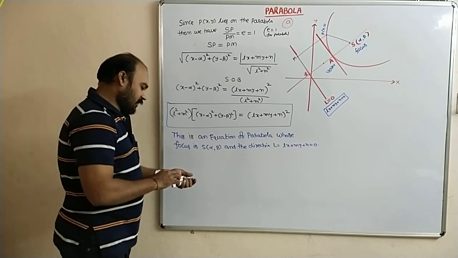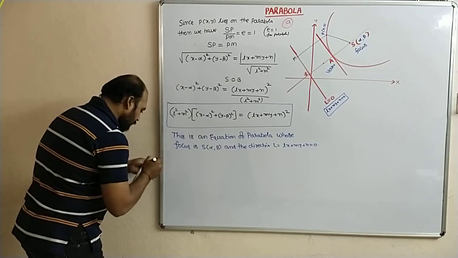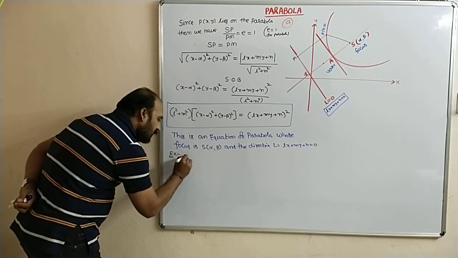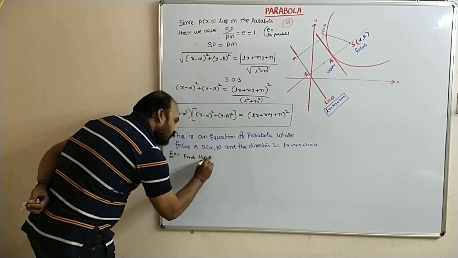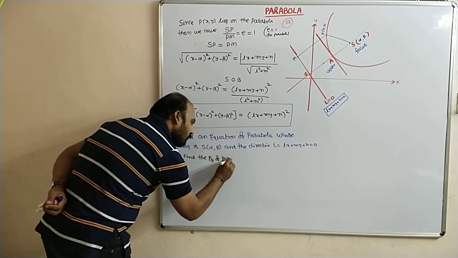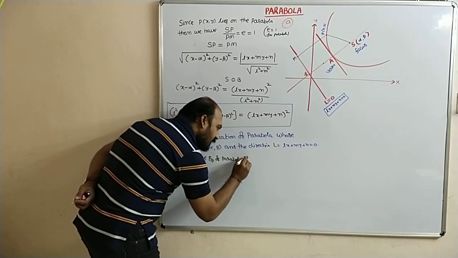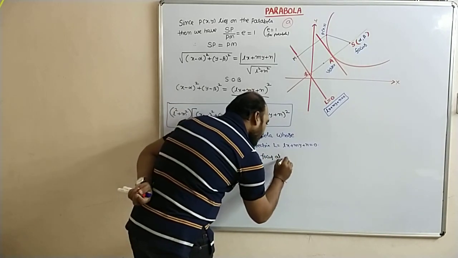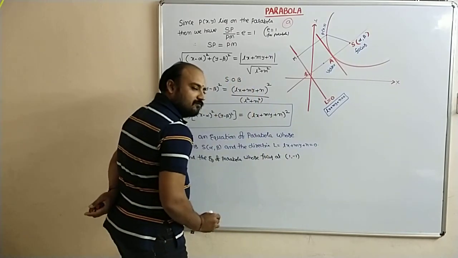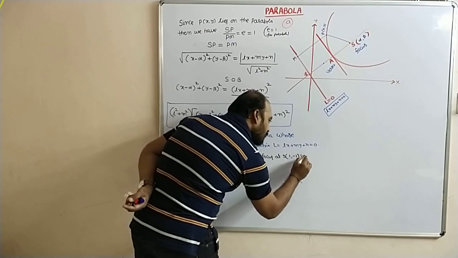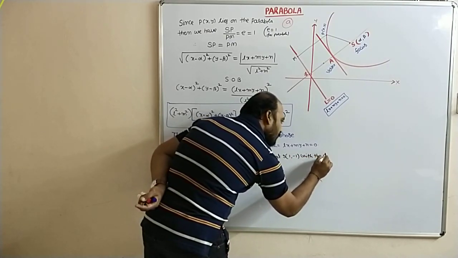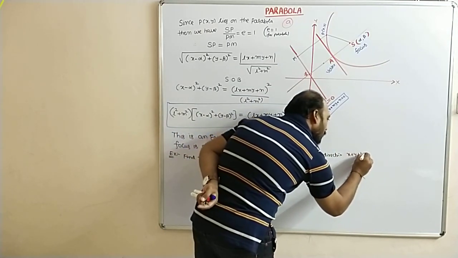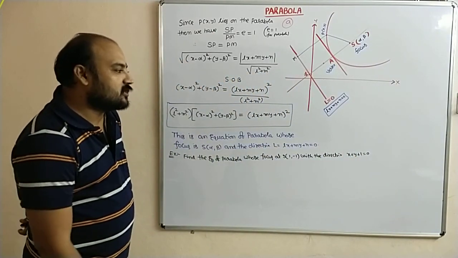For example, just in general, you can take: find the equation of the parabola whose focus is at 1 comma minus 1 with the directrix x plus y plus 1 equal to 0.